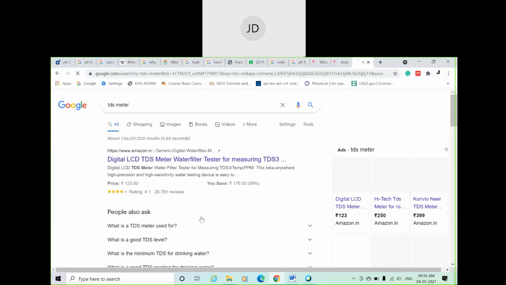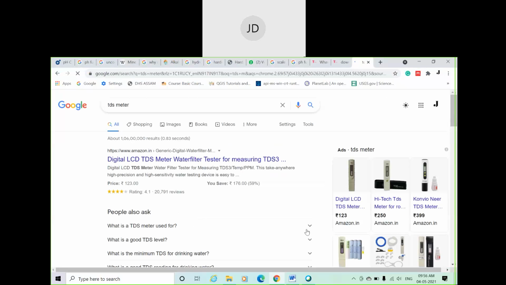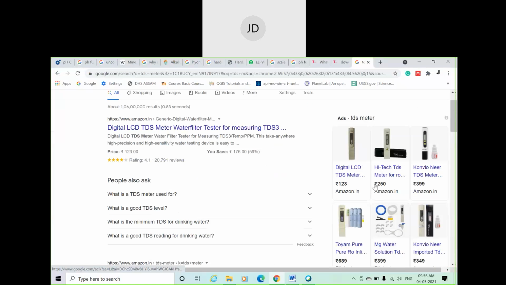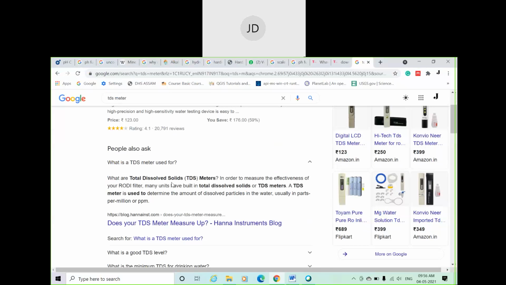Here you can see a digital TDS meter, and you can also find it online. So what is a TDS meter used for? A total dissolved solid meter is basically used to determine the amount of dissolved solid in water. So it is a very important chemical characteristic of water.